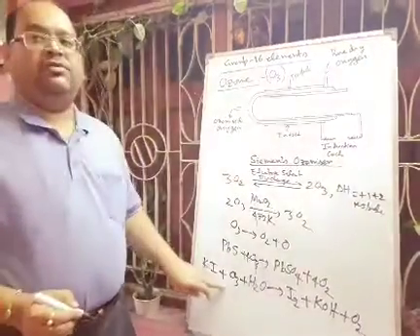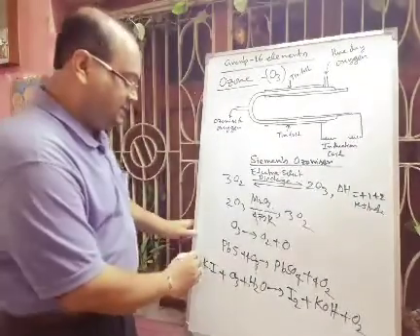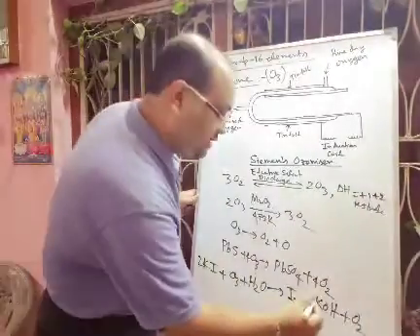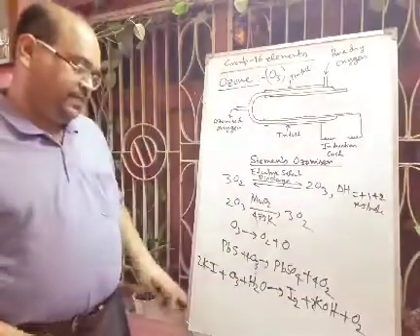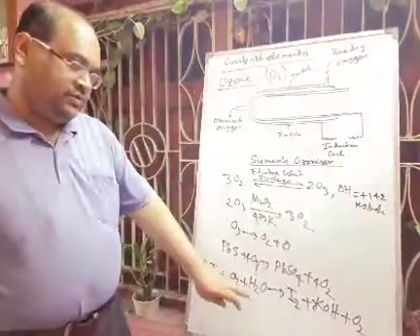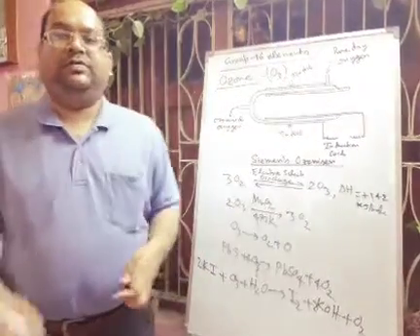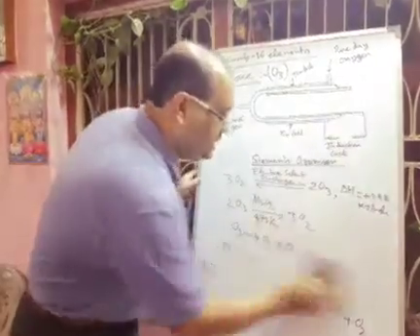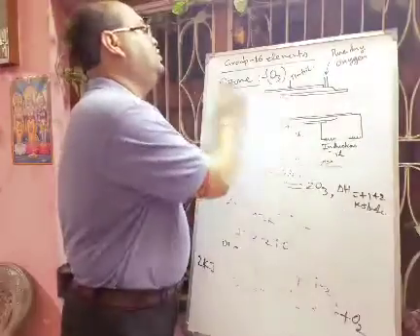Now you have to balance this. If you put 2 KI here, iodine is balanced. You have to put 2 KOH. Total oxygen 3 plus 1, 4. Now it is balanced. Hope you can understand. And next we will discuss the reaction of ozone with mercury.